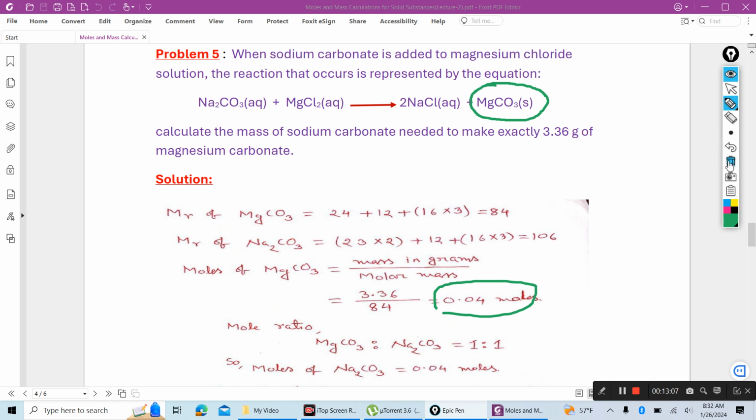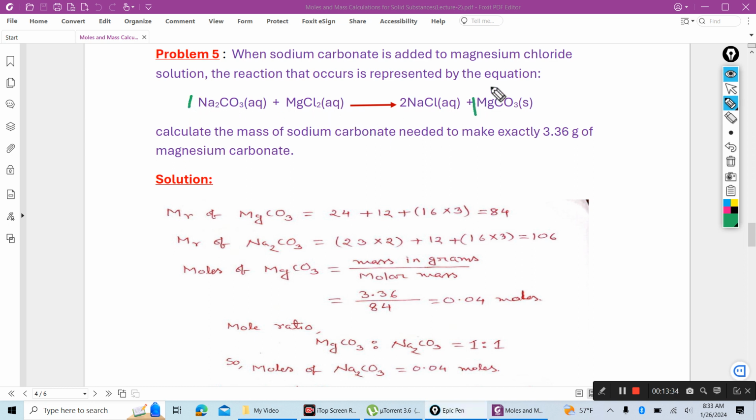Now you see mole ratio is same. Magnesium carbonate is 1 mole, sodium carbonate also 1 mole. I mean their mole ratio is equal. So mole ratio magnesium carbonate to sodium carbonate is 1:1. How we get it? Here 1, here 1.